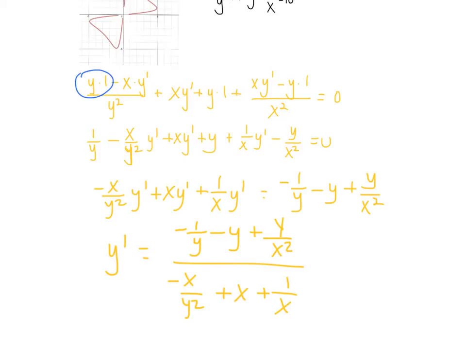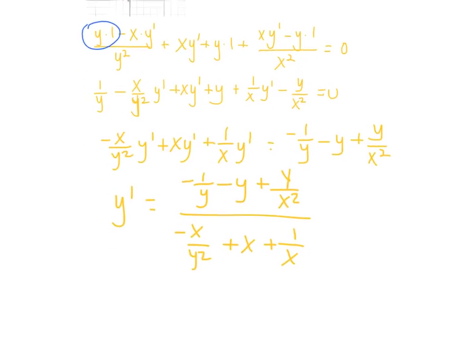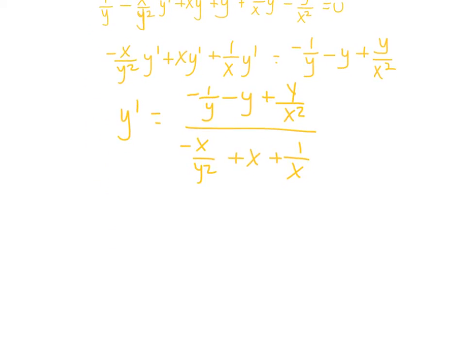Alright, so this is crazy, right? How do we simplify this? Well, if you want to at least get rid of your fractions, slide this up a bit. To get rid of your fractions, you have to multiply by the common denominator.